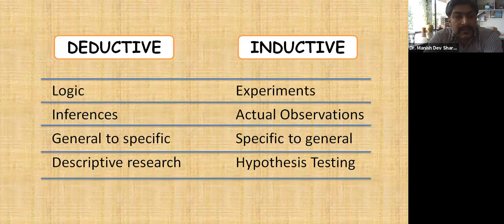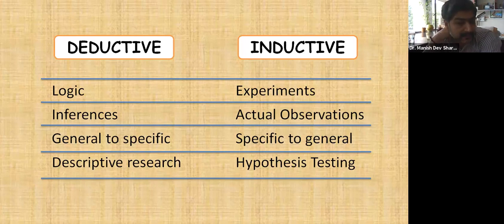In deductive research, you basically suppose it should be this way, and you find the logic in that way. But in inductive research, you have an open mind, let observations come, and then we will find a specific set of relationships between them. So you can say deductive is general to specific, and inductive is specific to general.